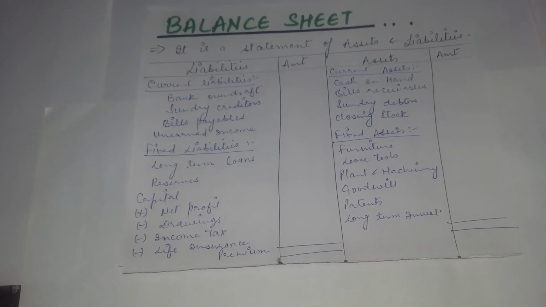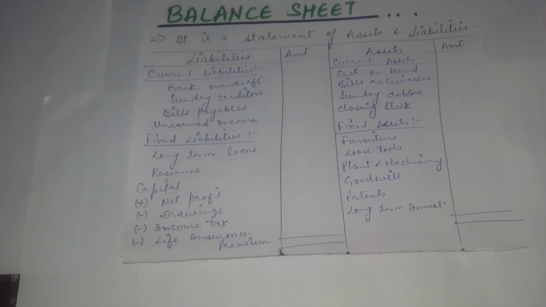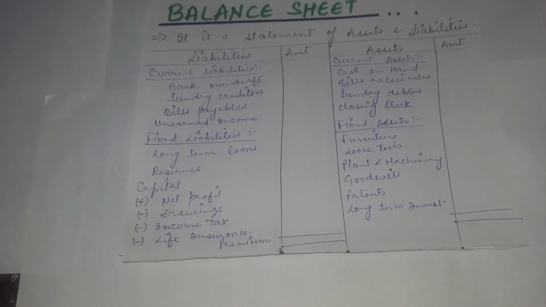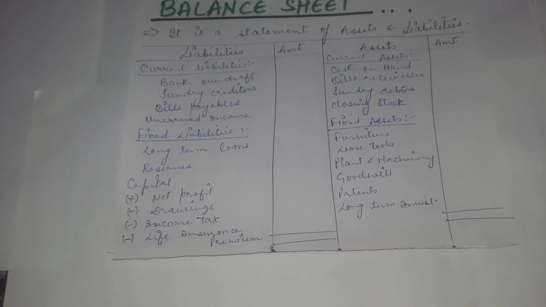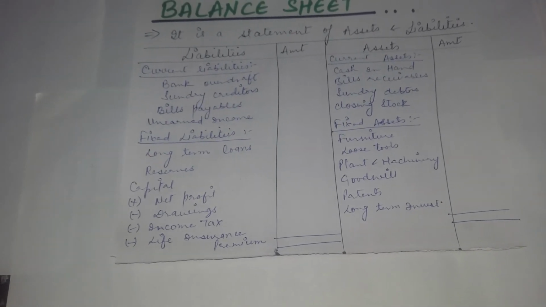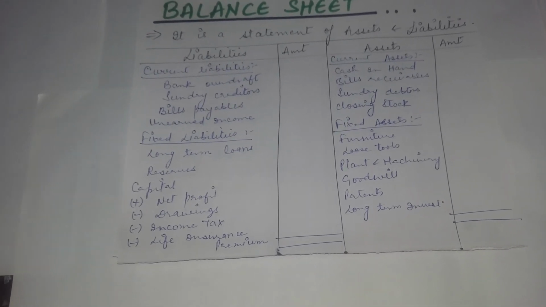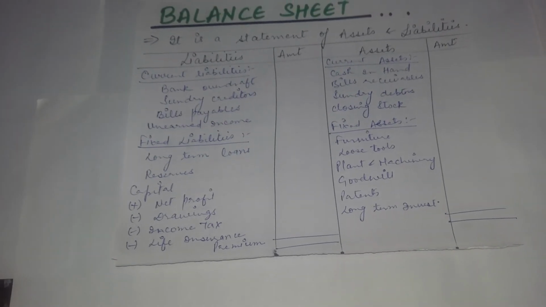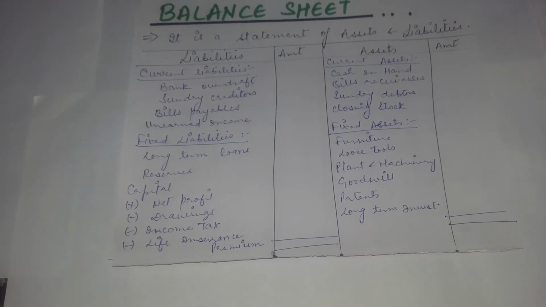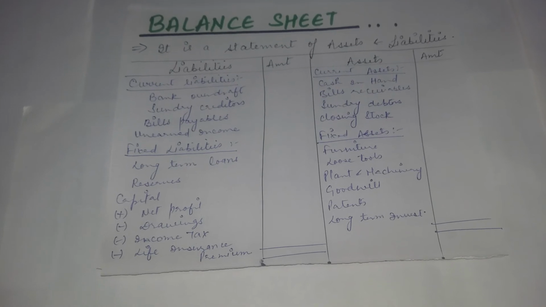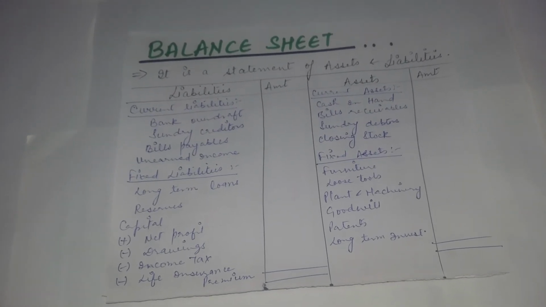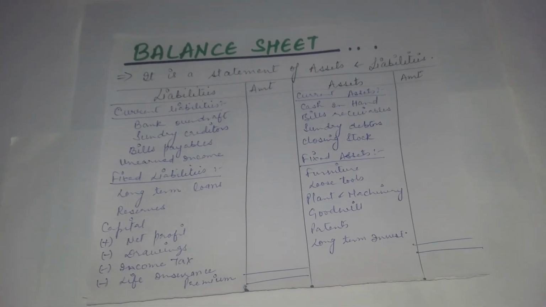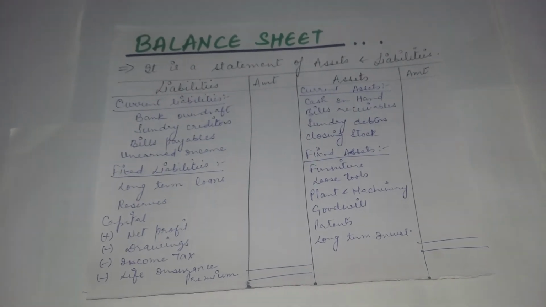Fixed liabilities are long term. Then we have capital plus net profit minus drawings minus income tax minus life insurance premium. To capital we add net profit, and we subtract net loss, drawings, income tax and life insurance premium. Current assets can be converted into cash in a short period, highly liquid, right?